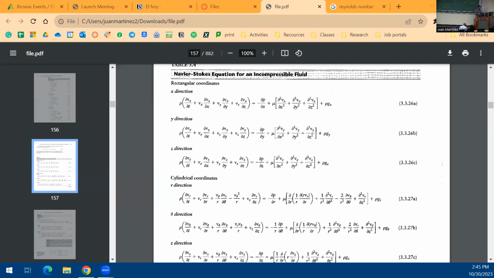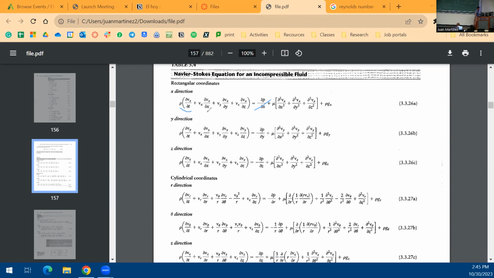Basically, with these equations you make different assumptions, and then you start canceling terms. For example, if it's not a pressure driven flow, we can cancel this. If we're talking about unsteady, then the derivative with respect to t won't be affected.